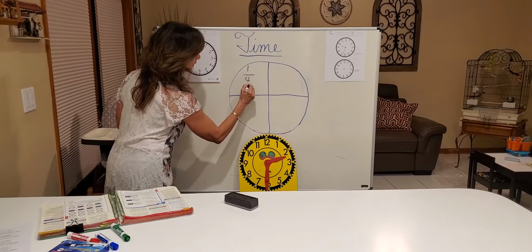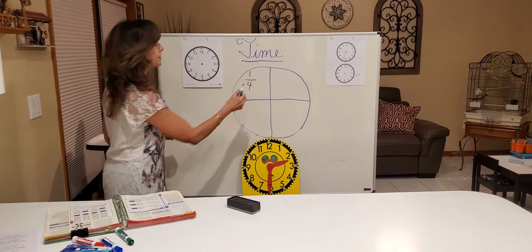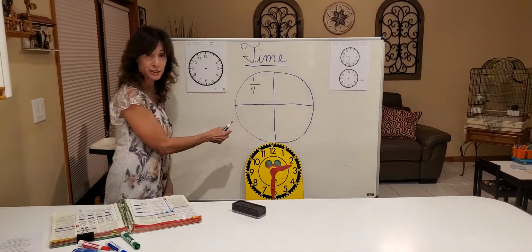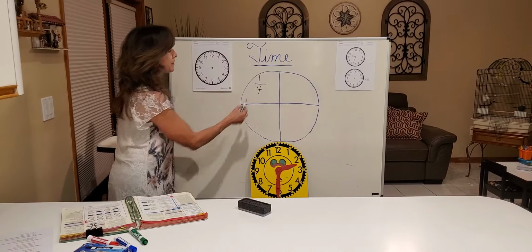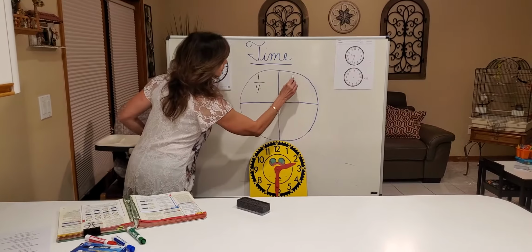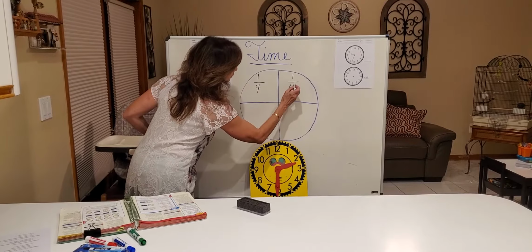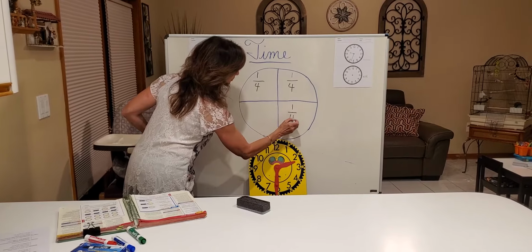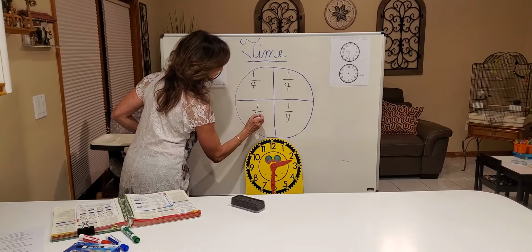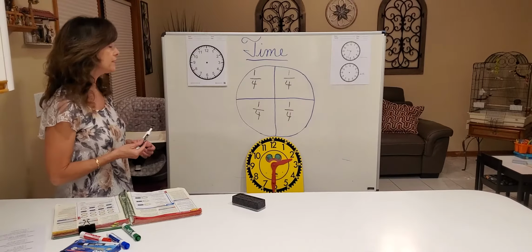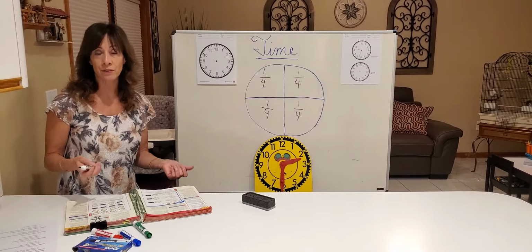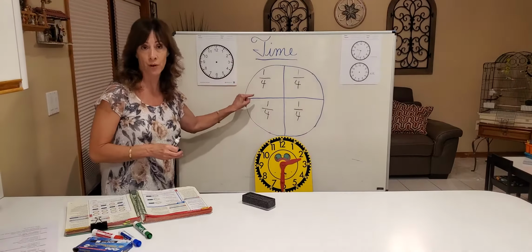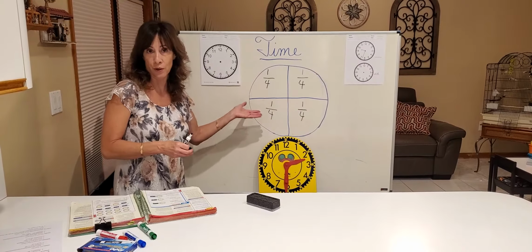So each of these is 1/4. Why? Because there's 1, 2, 3, 4 parts of this circle, and this is 1 out of 4. And this one is another 1 out of 4 and 1 out of 4 and another 1 out of 4. So each of these is a quarter. That's how we call this. We can say 1/4.